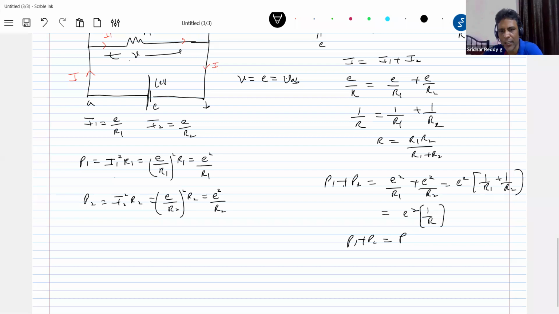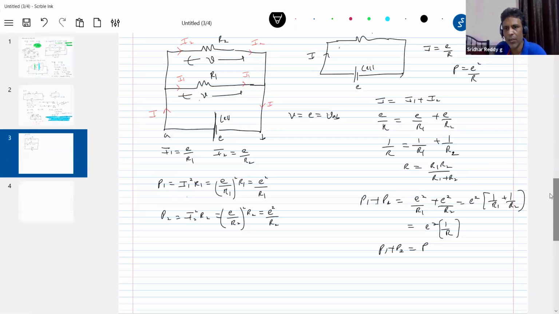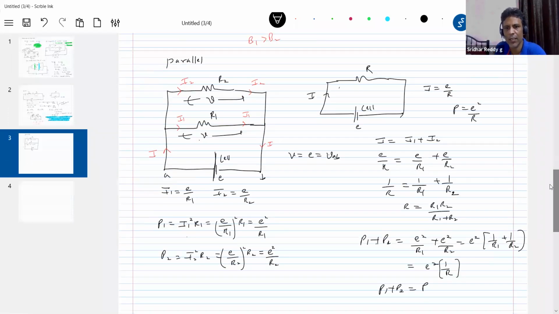Okay, whether you connect bulbs in series or parallel, what is the total power generated by the cell? The sum of powers dissipated across the individual network.